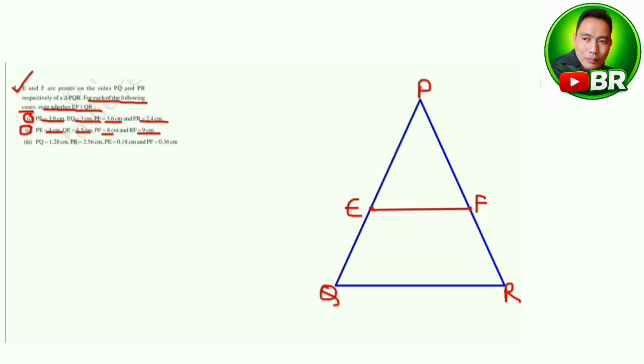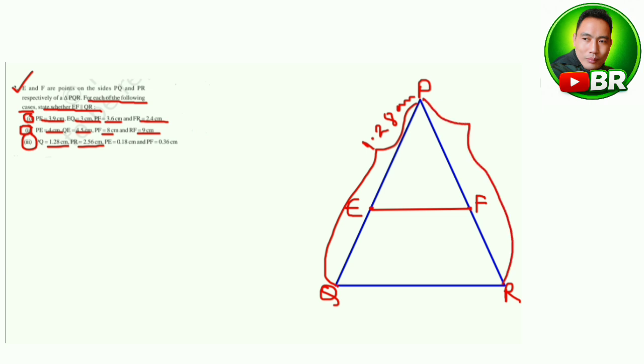Okay, now according to the third condition, here is given PQ is 1.28 centimeter. PQ means this whole side is 1.28 centimeter and PR is 2.56 centimeter. PR means this whole side is 2.56 centimeter and PE is 0.18 centimeter.